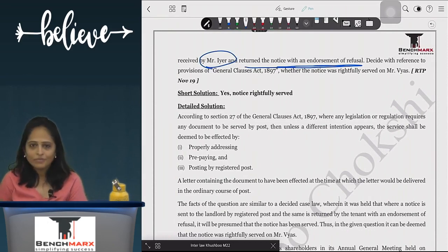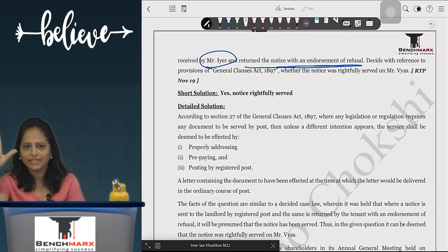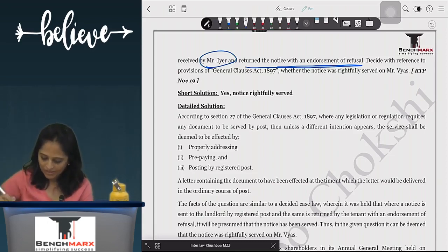In service by post, I told you those case studies are very important. One of the case studies said that if the notice is given to the landlord, but refused by the tenant, then it will be deemed to be validly served. So in this case it is deemed to be validly served to Mr. Vyas.